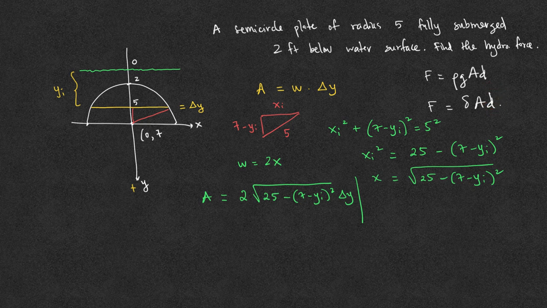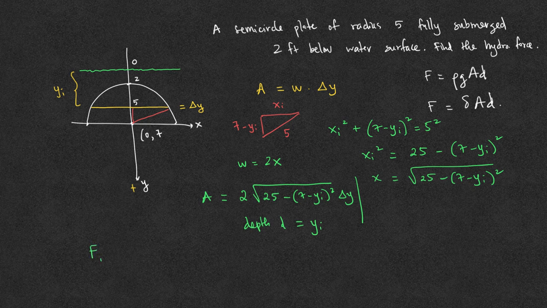The depth from the water surface to the slice. We position the coordinates so that y equals 0 is where the water level is. And so from the slice to the water level, it is a distance of y sub i. So the depth d is y sub i.